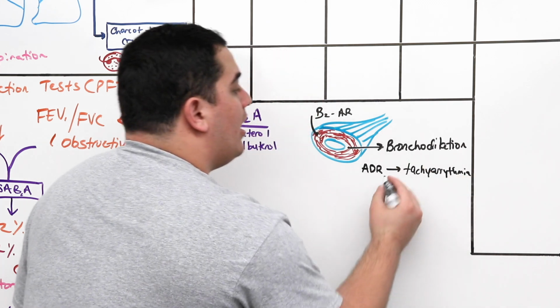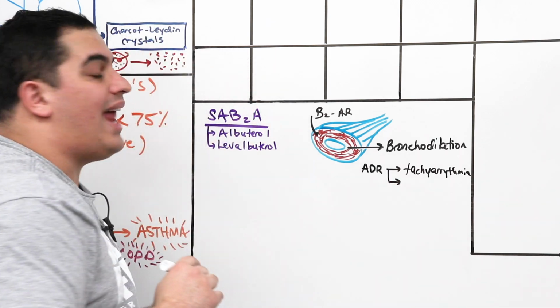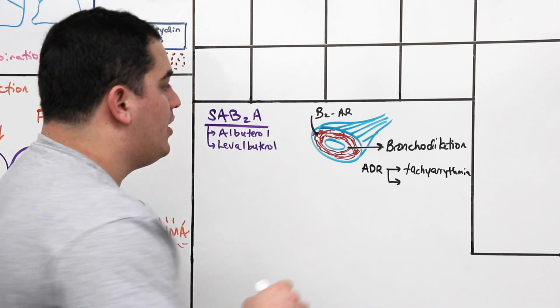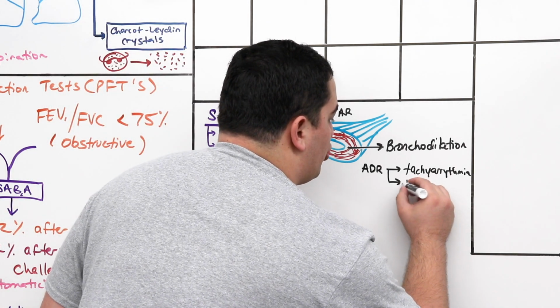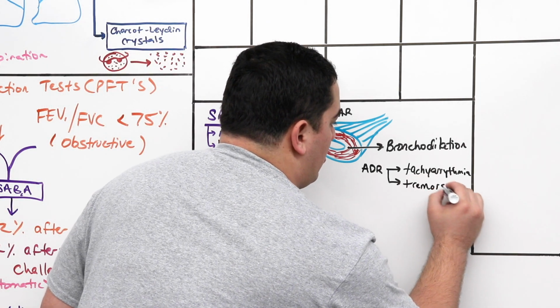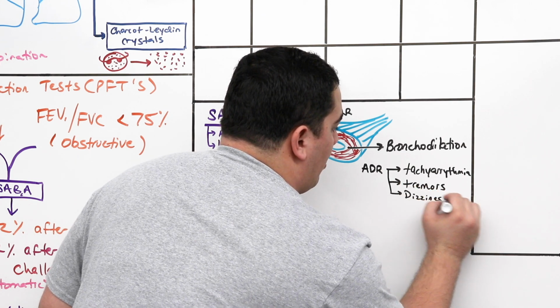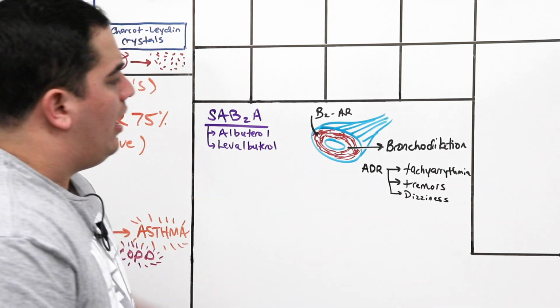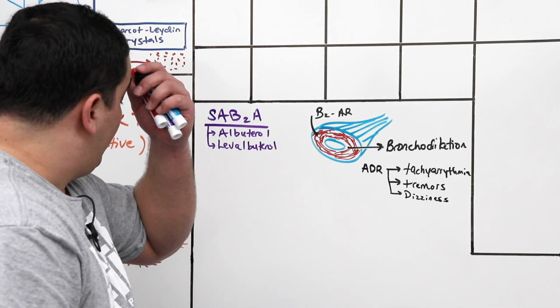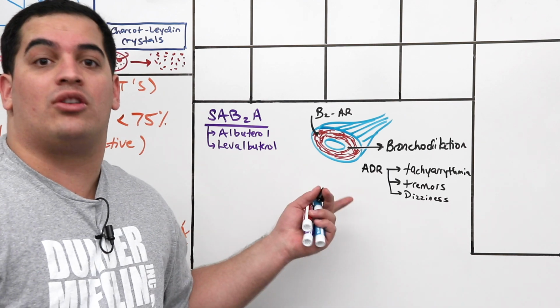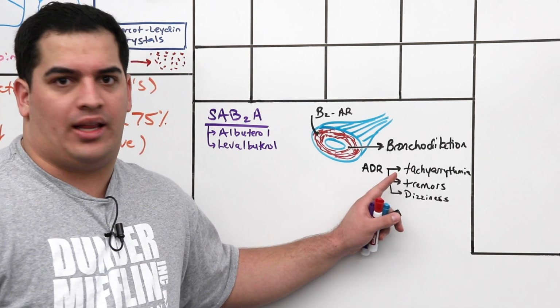It also can act on the skeletal muscle and produce tremors. And it can even produce dizziness, affecting the cerebral blood flow. These are usually contraindicated in patients that have some type of underlying cardiac abnormality, like a heart block.